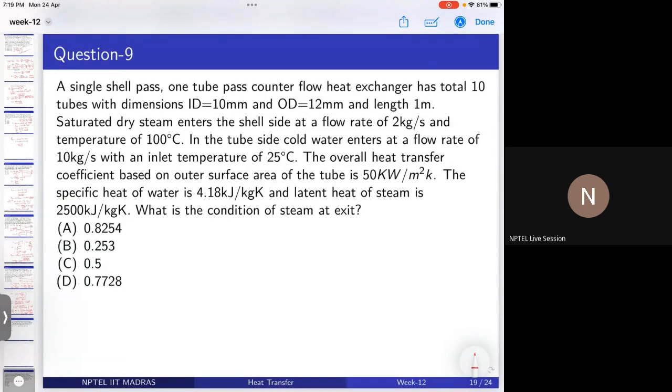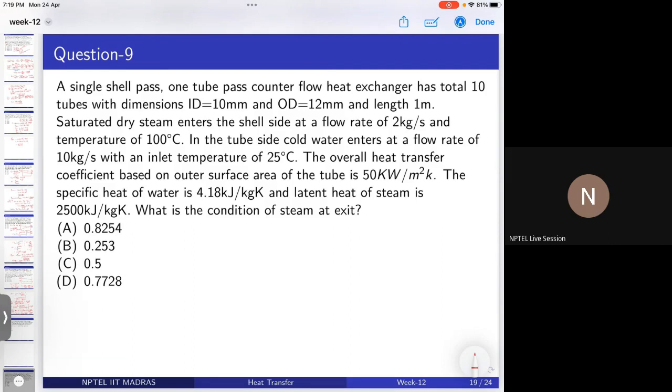In this question, we have a single pass, one tube pass counterflow heat exchanger, which has 10 tubes with inner diameter 10 mm and outer diameter 12 mm respectively, and a length of 1 meter. Saturated dry steam enters the shell side at a flow rate of 2 kilogram per second and temperature 100 degrees Celsius.